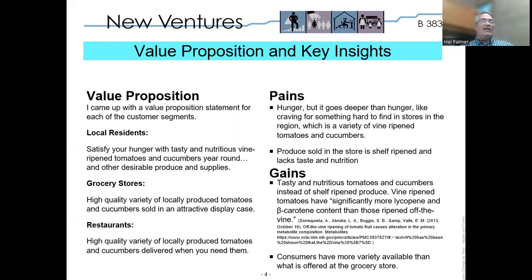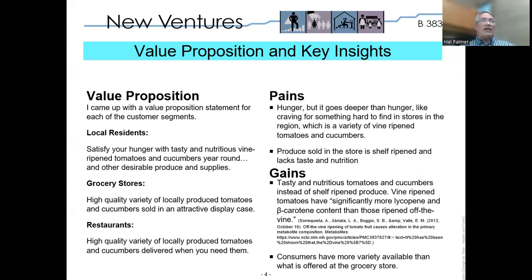High-quality variety of locally produced tomatoes and cucumbers sold in an attractive display case. Restaurants. High-quality variety of locally produced tomatoes and cucumbers delivered when you need them. So these will address the pains and gains of our customers.